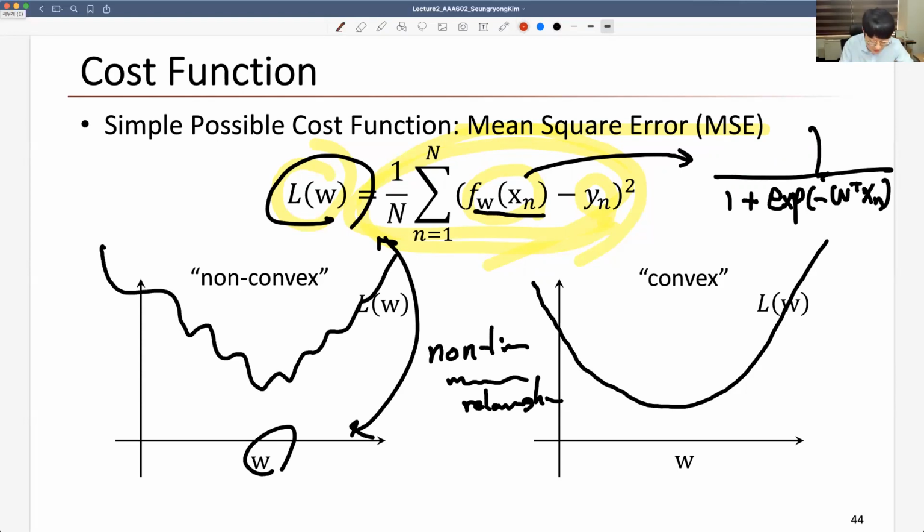If we are here, it will be really hard to converge to the optimal point using the gradient descent algorithm. It might be very unstable because of this nonlinear mapping relationship. So using a mean square error loss function in a classification problem is not an optimal way.